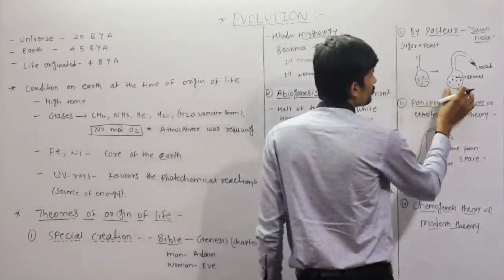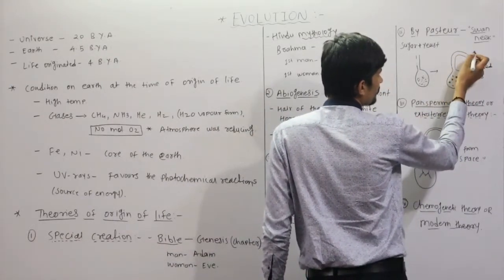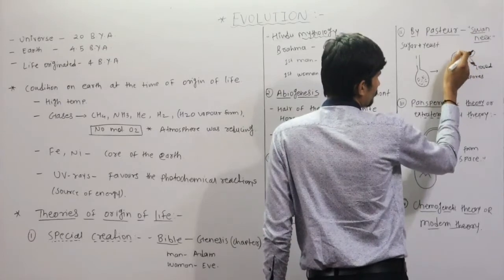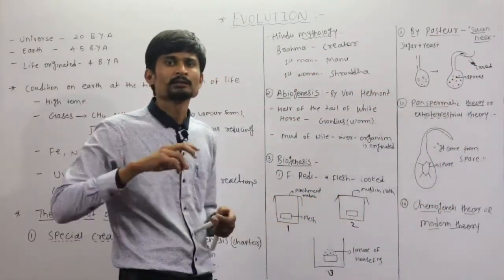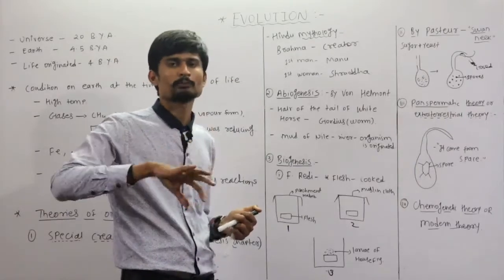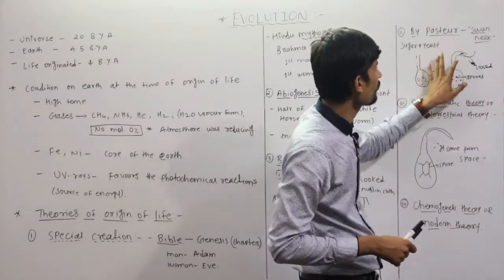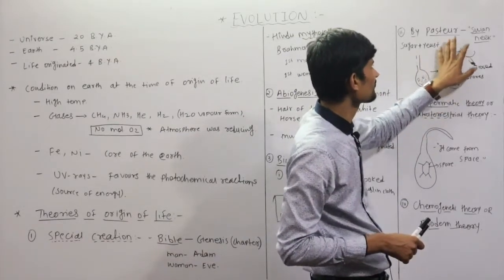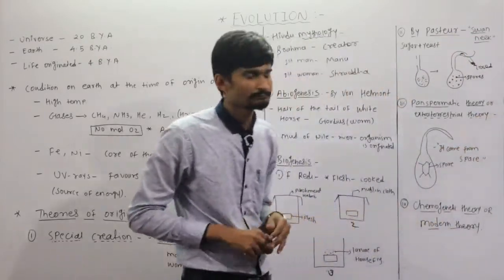So he concluded that there are organisms which can enter through this neck, and that's why they get deposited and a new organism is formed from the pre-existing organism. Due to the structure of this tube, which is swan-neck like, this theory is called the swan neck theory.